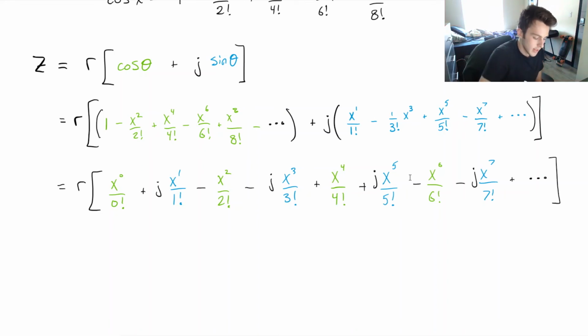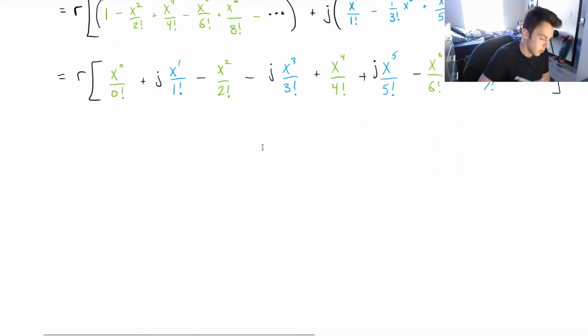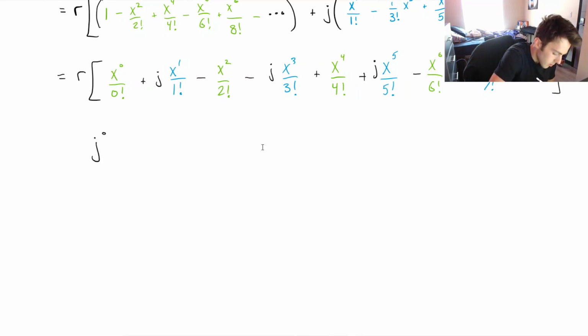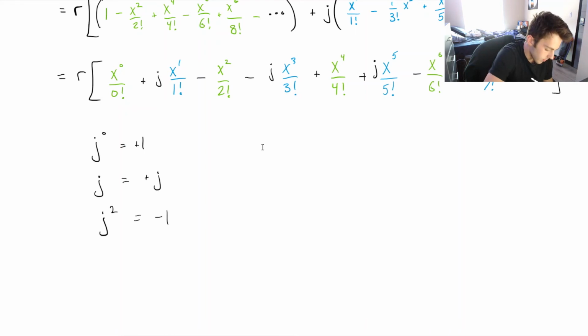So let's take a look at something else that we know here, okay? You'll notice that j to the 0 is positive 1. j is going to be just positive j. j squared will be negative 1. j to the 3 will be negative j.